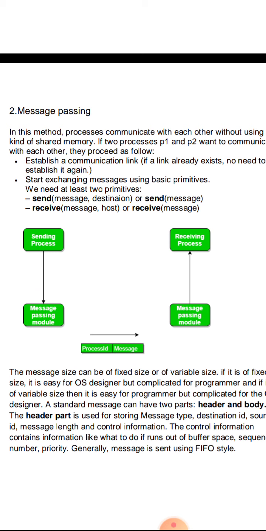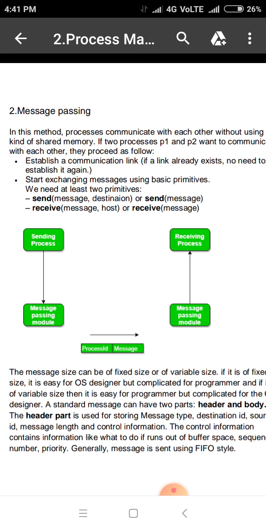In the figure you can see the sending process, message passing module, and process id message. The message passed by the process is given to the message passing module and then received by the other process, means the receiving process. These send and receive primitives are very important.